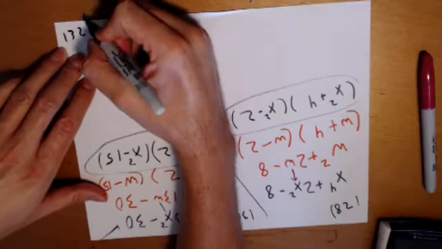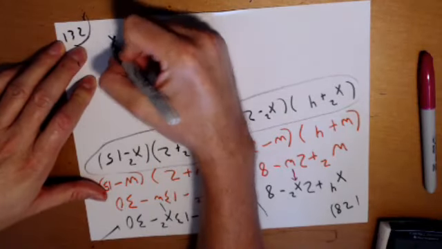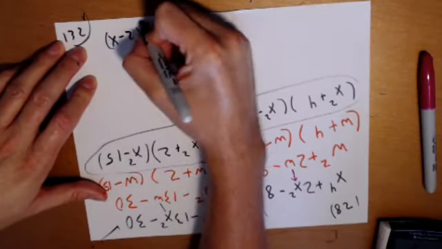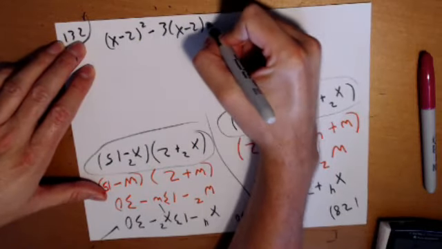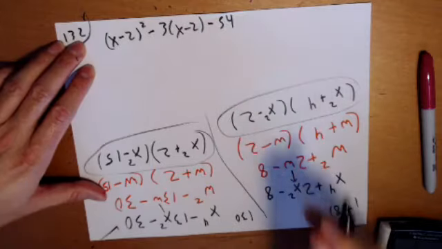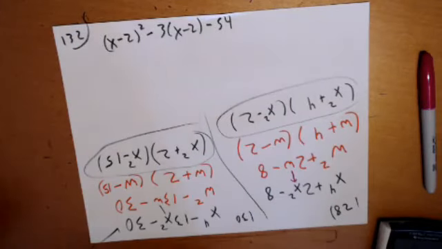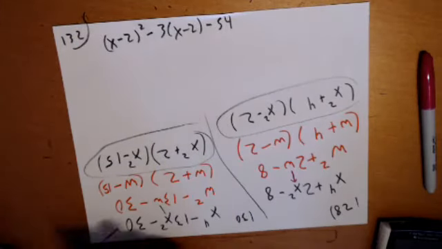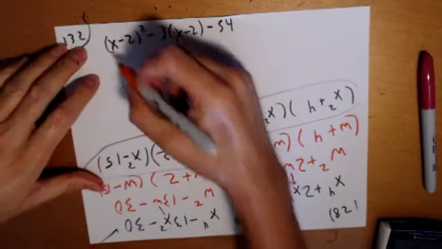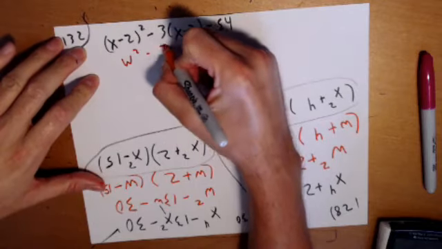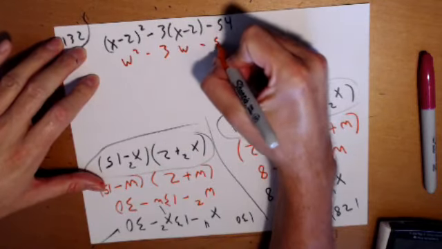132 looks weird, but it's not bad. It's this whole substitution game. So we need to factor this. I see there's an x minus 2 squared and an x minus 2. So what if I just wrote w squared minus 3w minus 54, right?